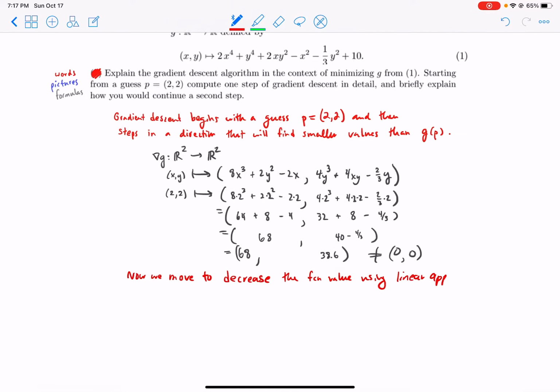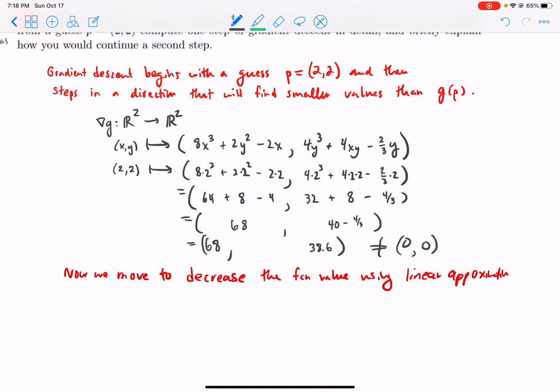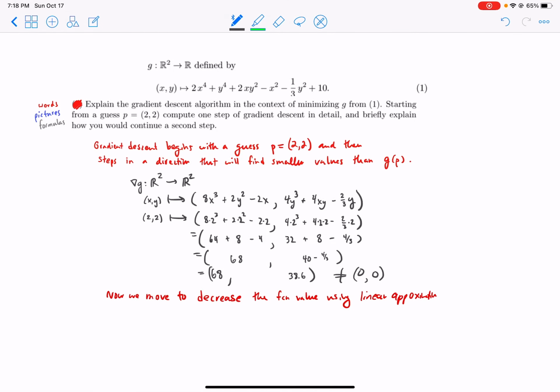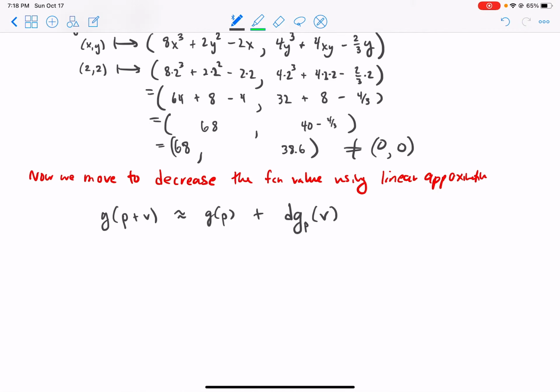So honestly, we just need to write down this one very important formula so frequently. And this time, we're going to write down the linear approximation to the original function g. Namely, g at p plus v is basically g of p, well, plus the derivative of g at p in the direction v.